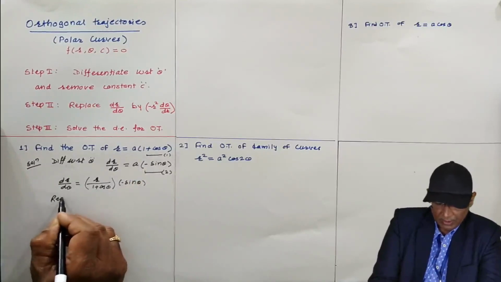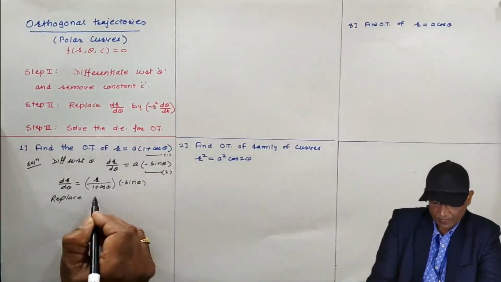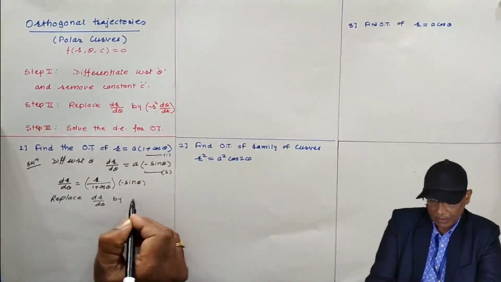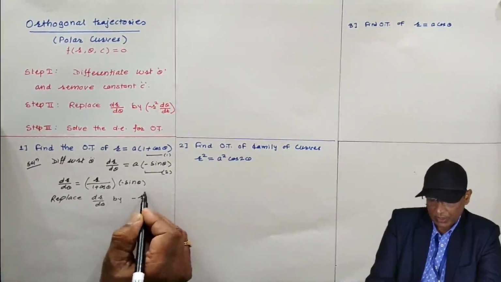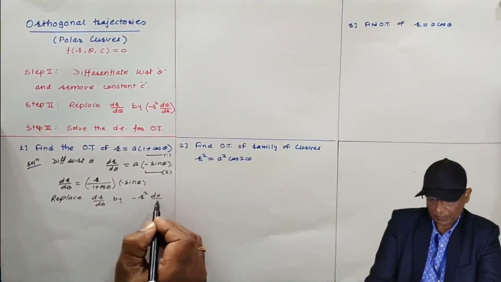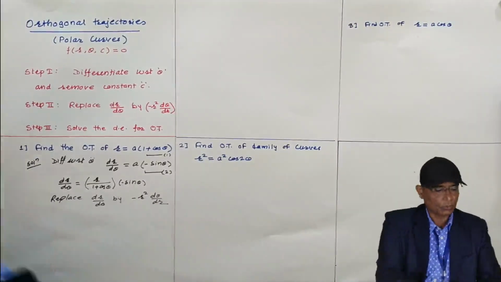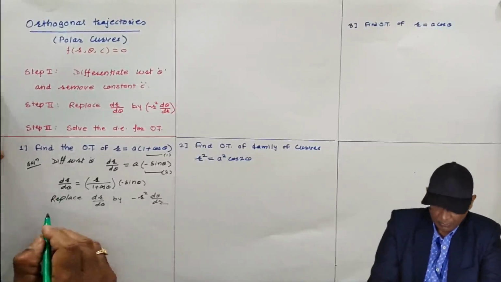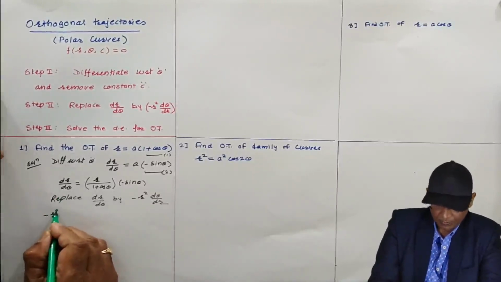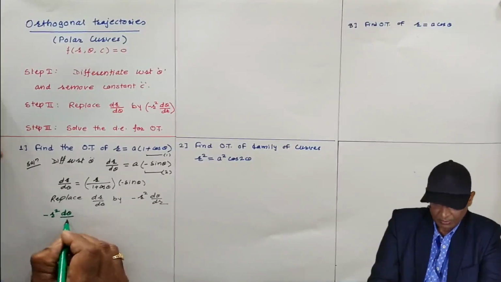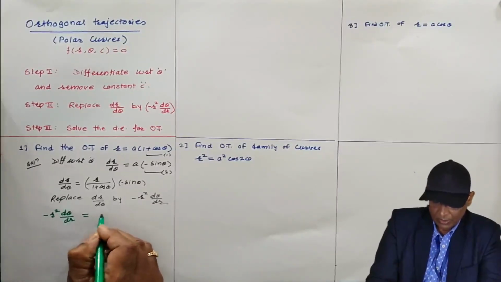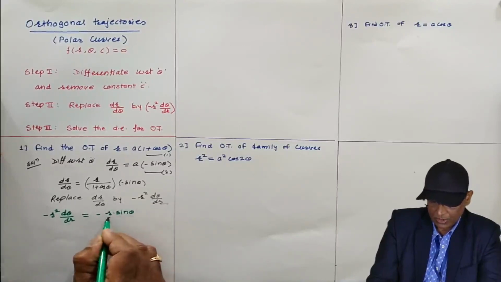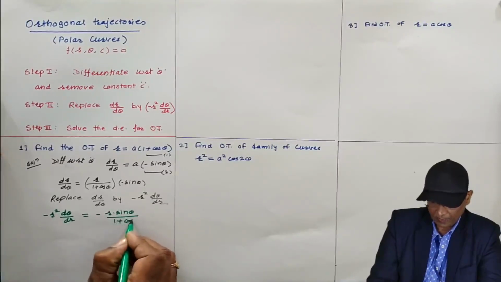Replace dr by d theta with minus r square d theta by dr. This is as it is, r sin theta as it is, and 1 plus cos theta in the denominator as it is.